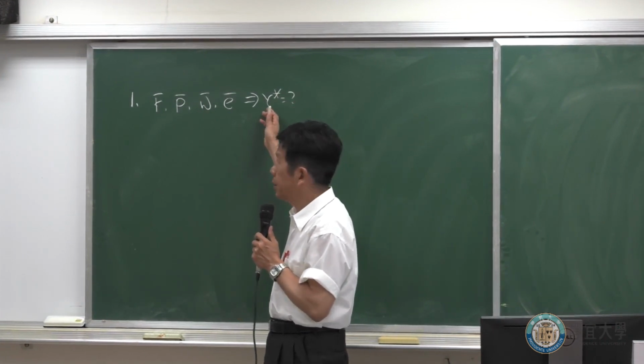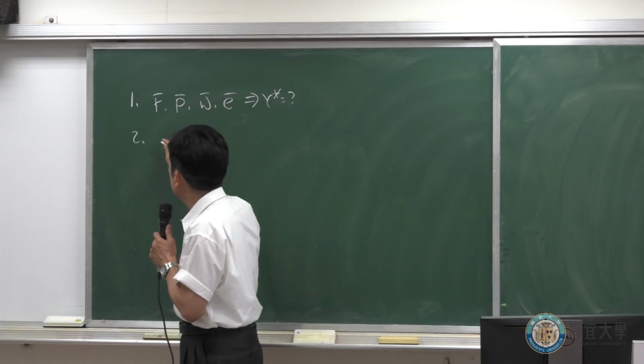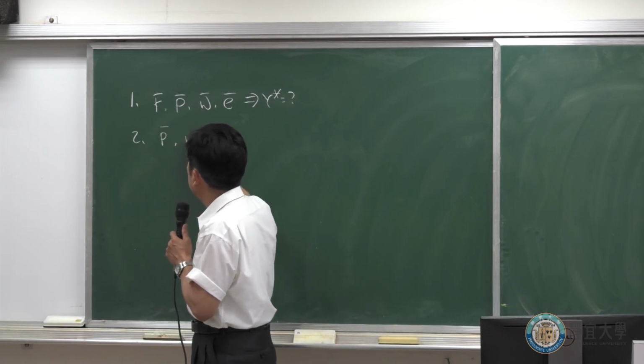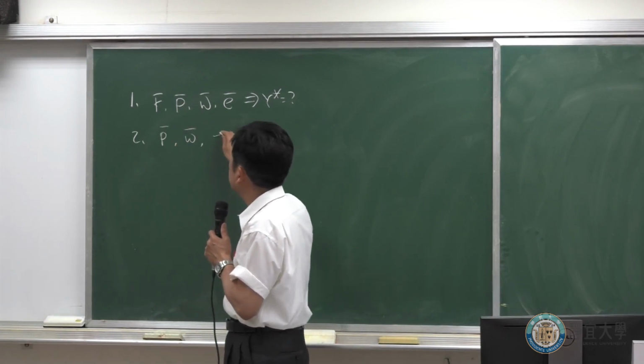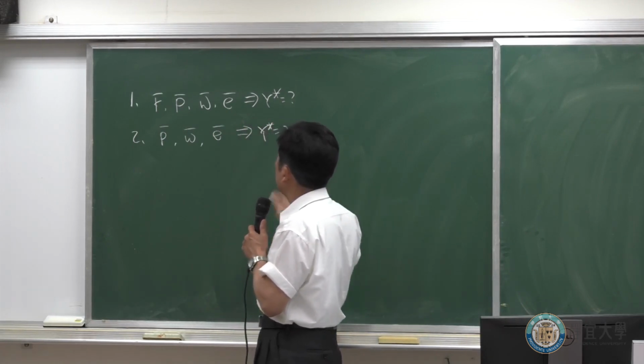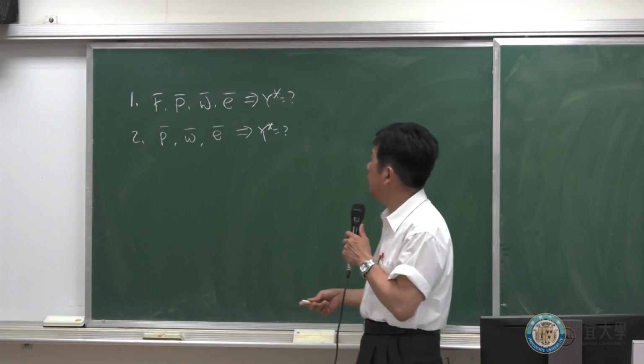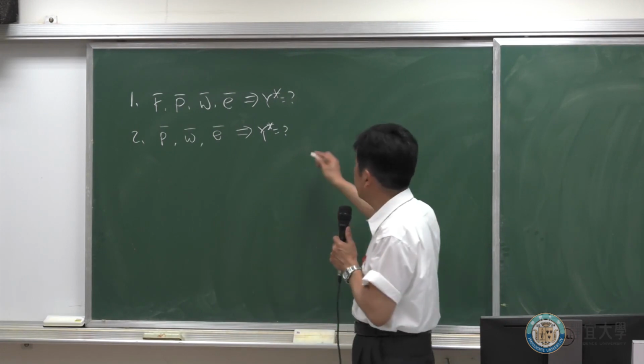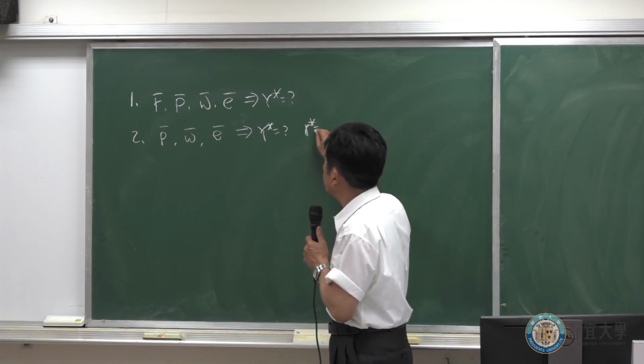This is the first story, okay? And the second one, we only let P constant, W constant, E constant, and then we try to find the equilibrium Y*. This is the second story.